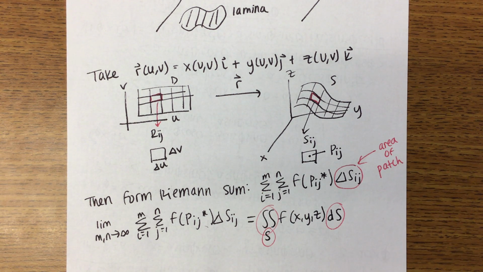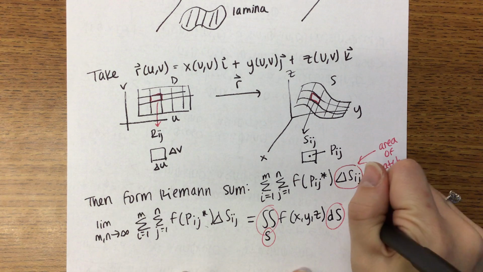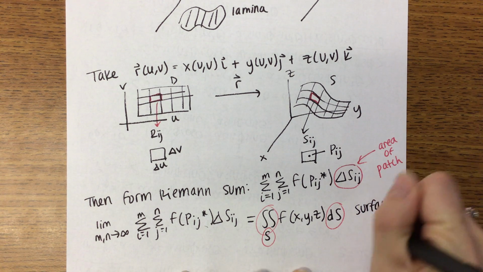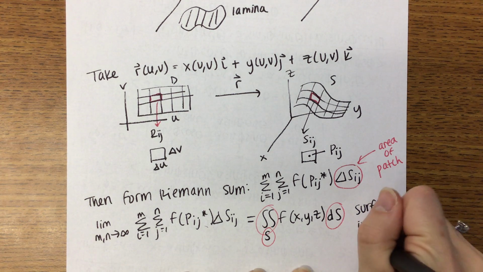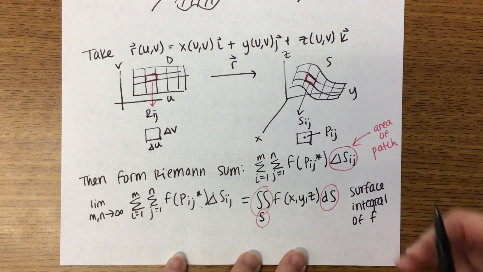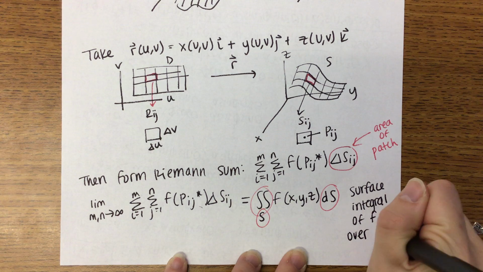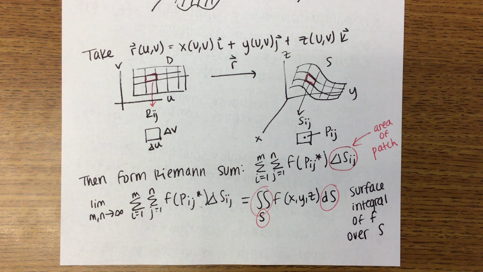If it were a line integral, it would be a single integral. So this is called the surface integral of f over S. So again, if it's a double integral with a big S, that's going to be a surface integral, not a line integral.